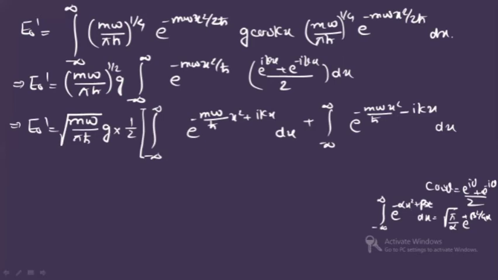This is for minus alpha x square plus beta x. So if you see here in the first integration, alpha is m omega by h cut, and ik is beta. So let's do the integration.